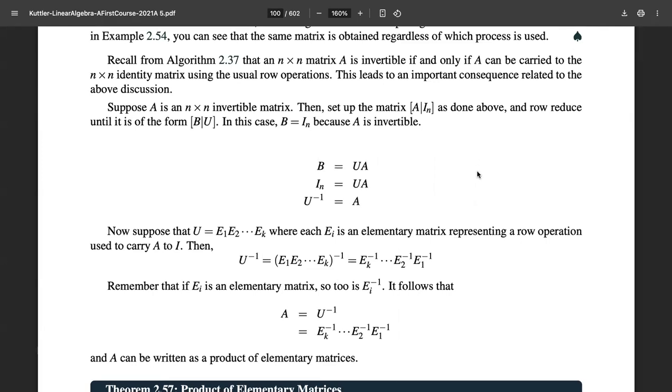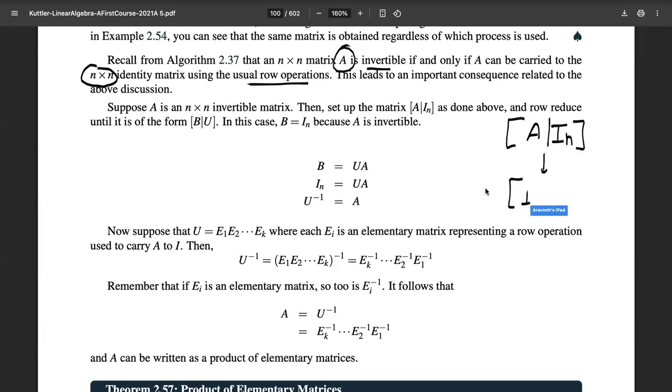Okay. So going back to what we did when we looked at the inverse of matrices, we deduced that a matrix A is invertible if and only if we can reach the identity matrix I_n using our row operations. We start with something like this. I want to reach a point where I have I_n and some matrix here.